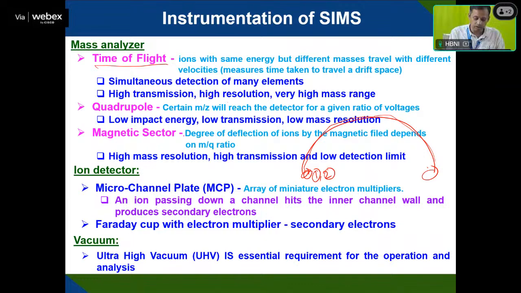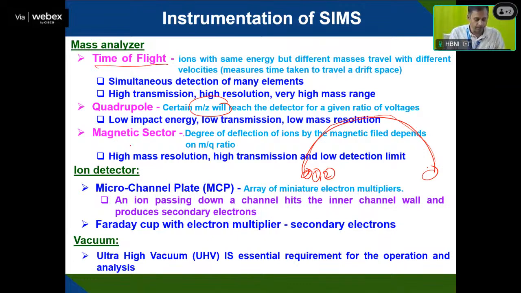So here, each detector gets a certain M by Z for a given ratio of voltage. Depending on how much voltage you are applying, a certain M by Z will reach the detector, or M by E. From there you can identify the element or the component.